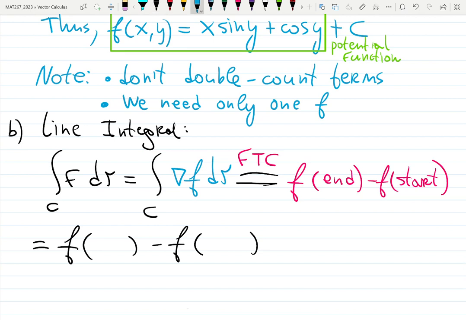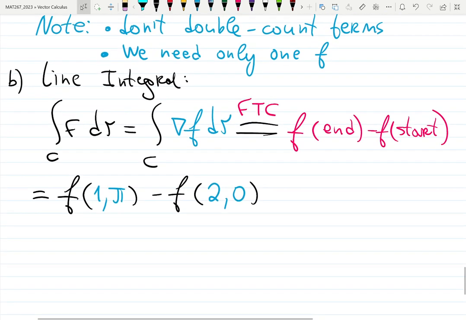Did they give us those points? It says the line is coming from 2, 0 to 1 pi. So 2, 0 is the start, 1 pi is the end. Now you plug into the function we just found, and that gives you the answer.